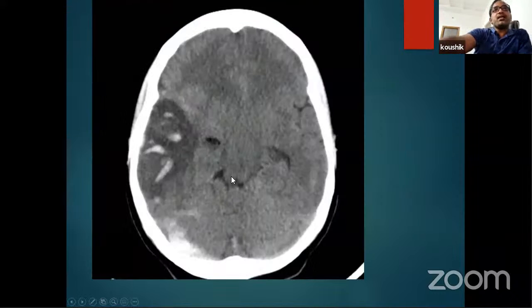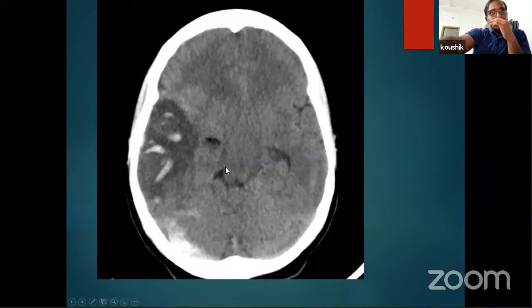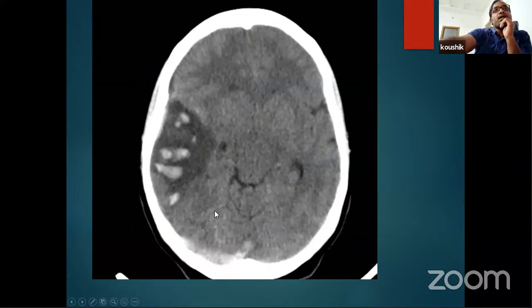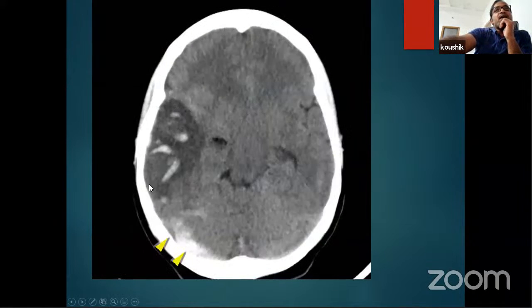Here we can see a stack of images showing a venous infarct in the right temporal lobe. Why am I saying venous infarct? Because we have multiple hemorrhagic areas and there is a hypodensity.